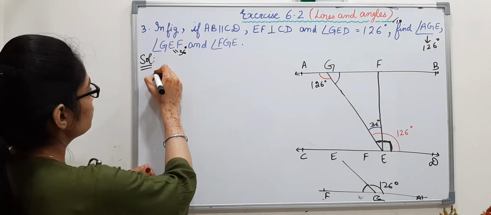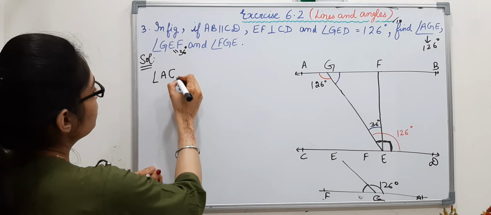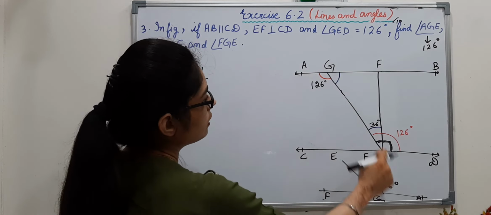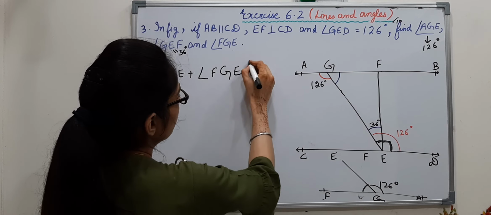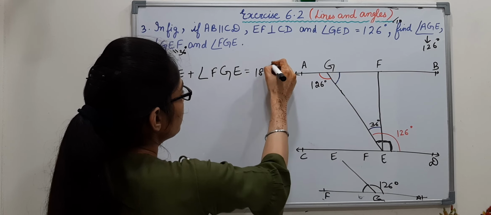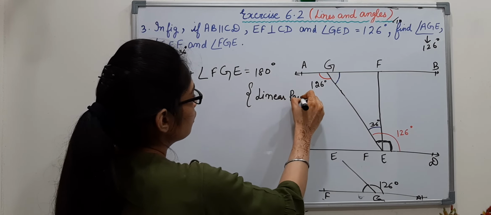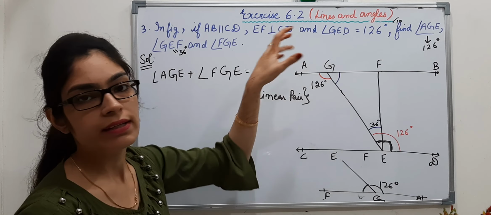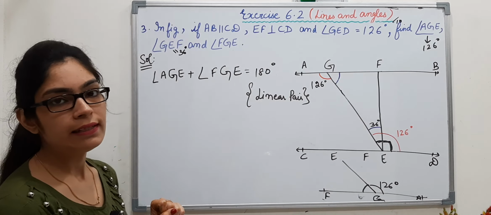So we can mention angle AGE plus angle FGE is equal to 180 degrees. The reason we can mention is linear pair: these two angles share a common vertex G and a common arm GE, so that's why they form a linear pair.